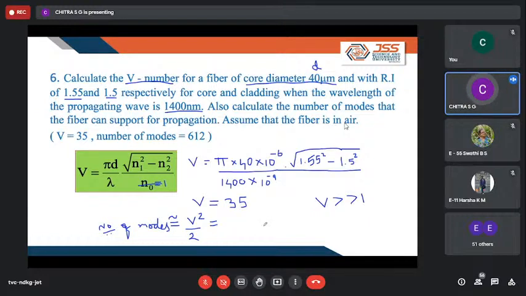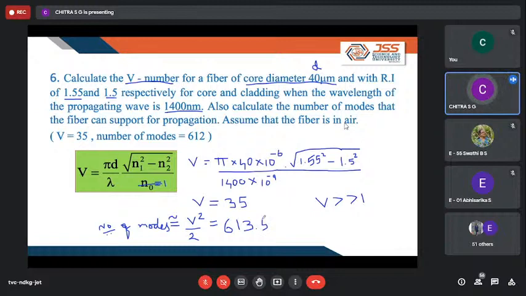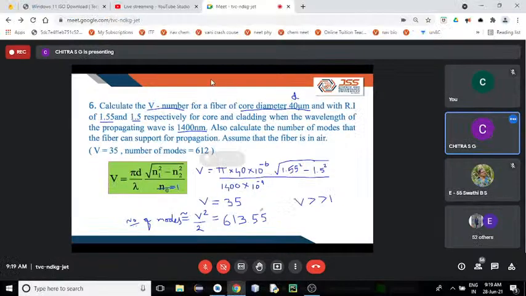See how much you'll get. 613.55. Yes, ma'am. Okay. Here because you have taken the fraction 35.02 or 03, you told, right? 03, ma'am. Okay.